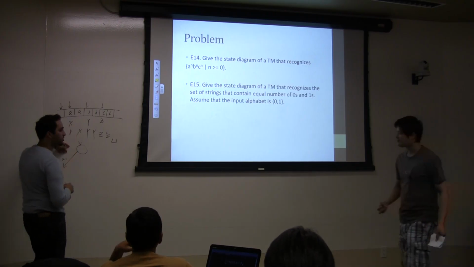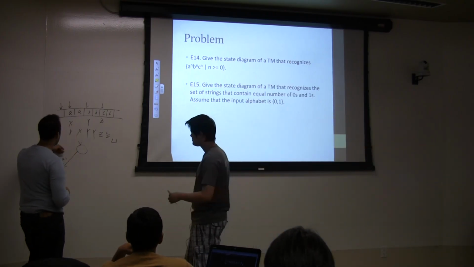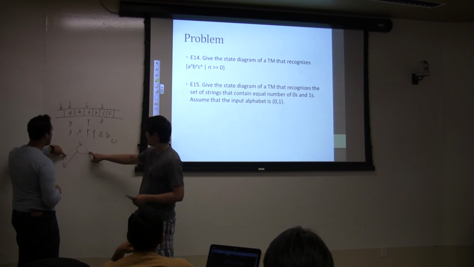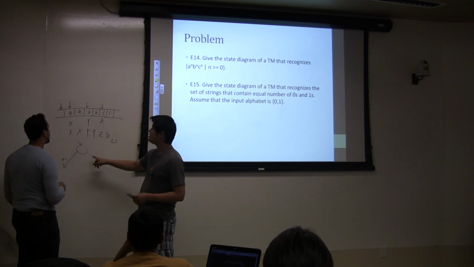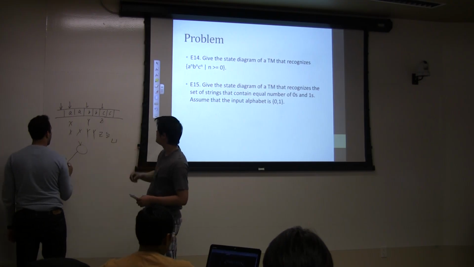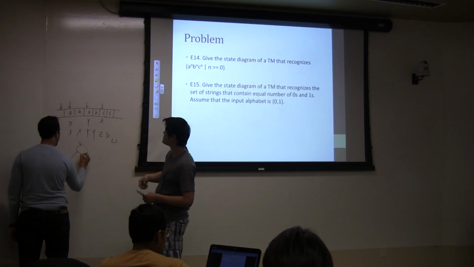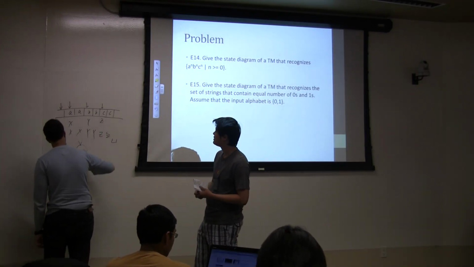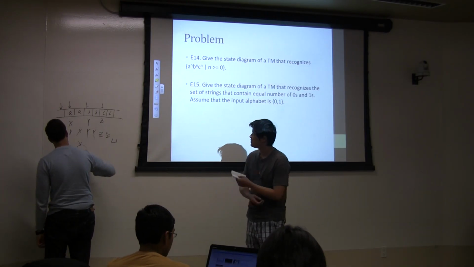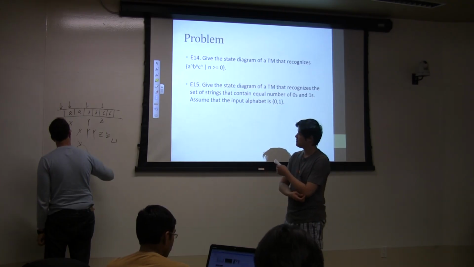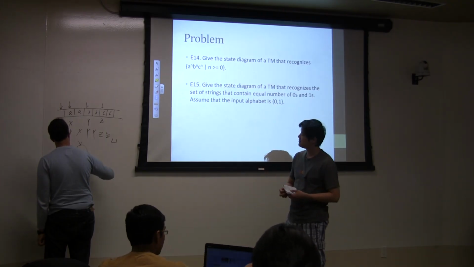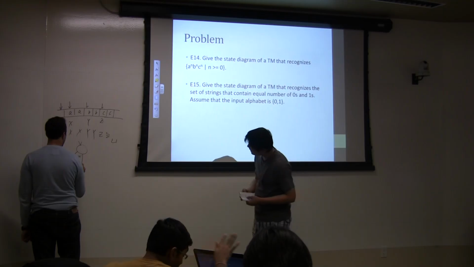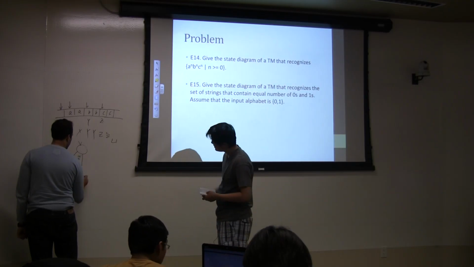Can you remind me what the transitions look like? So this is the input string. If it's a blank, then you should accept. If it's an A, then you cross it out and replace it with a symbol. So I'm going to write, if it's blank here, then I have to go right, I guess. And here, Q accept.